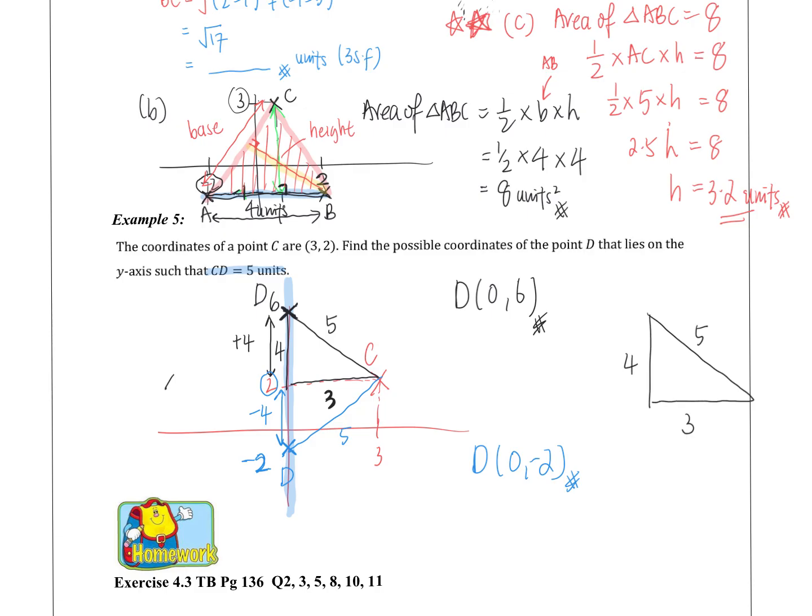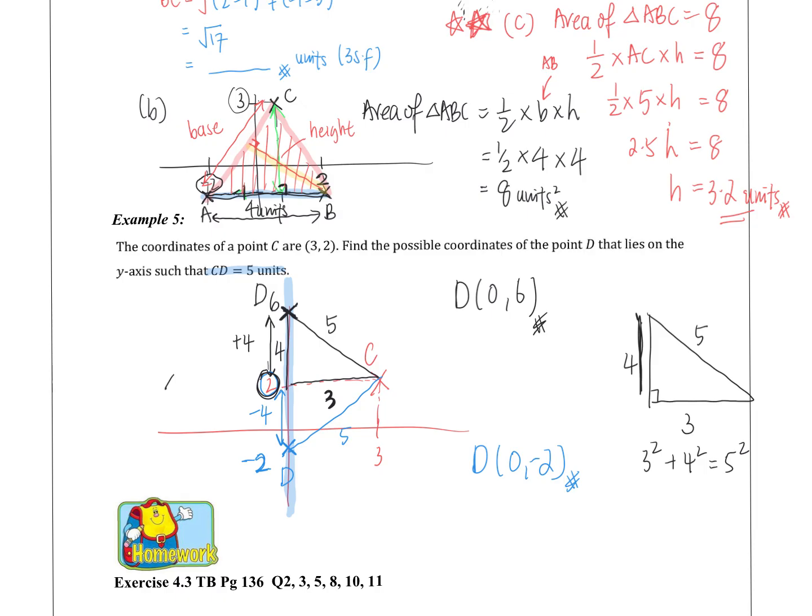Okay, this is a Pythagorean triplet: 3 squared plus 4 squared equals 5 squared. So I need this to be 4 units. I'm at 2, so I must plus 4 units. Do we have to use equations, or can we just use this as our working? Can, need not be equation. You can straight away do this.